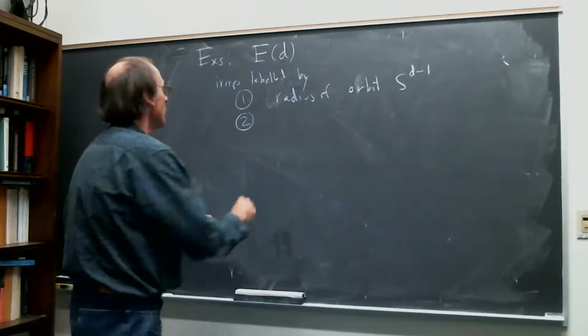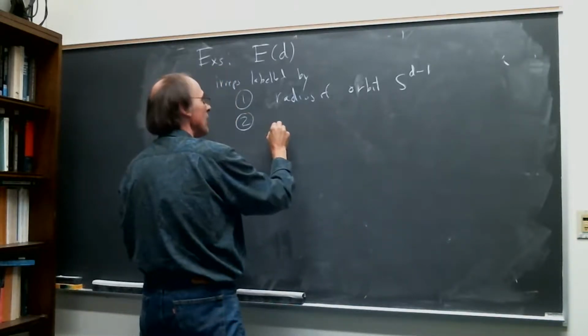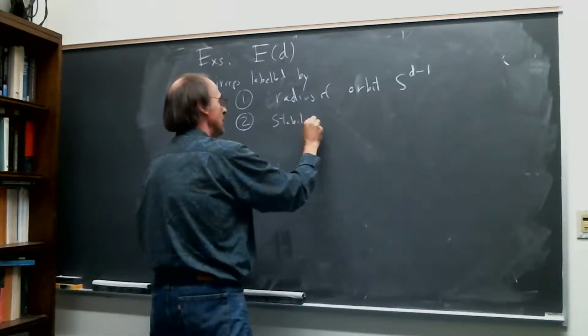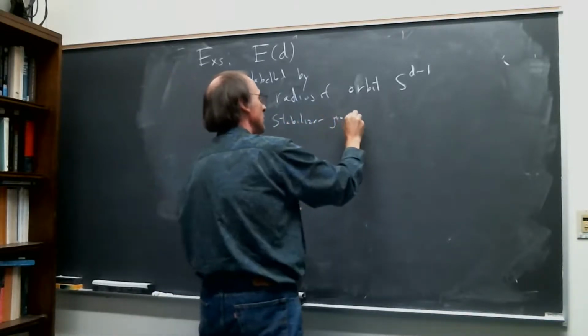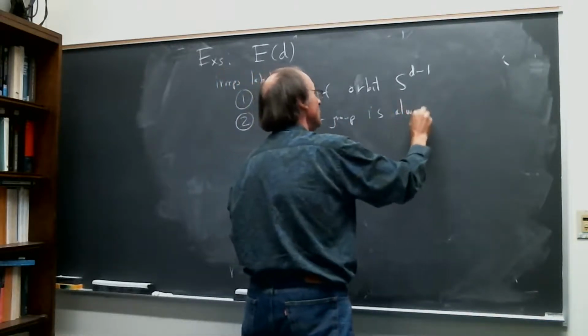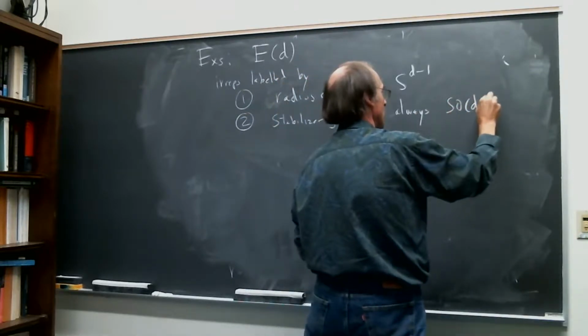So the stabilizer group is always SO(d-1).